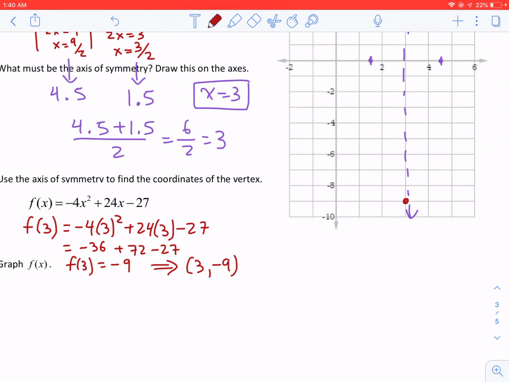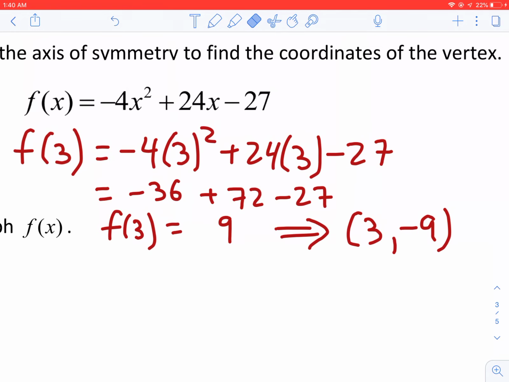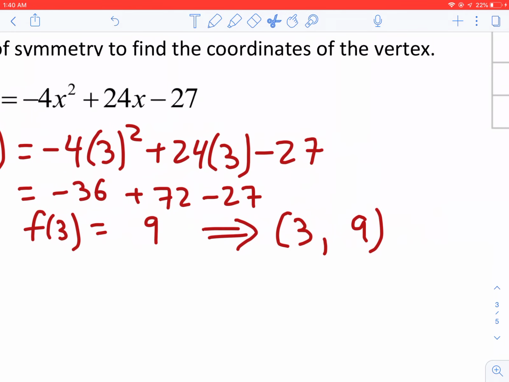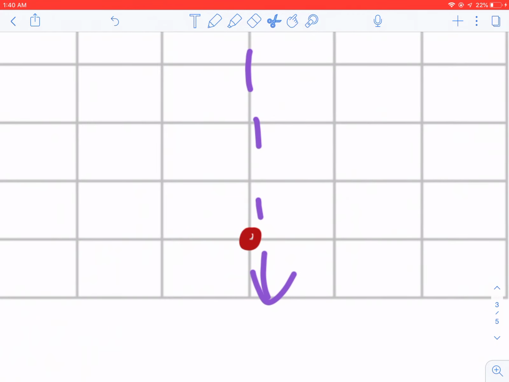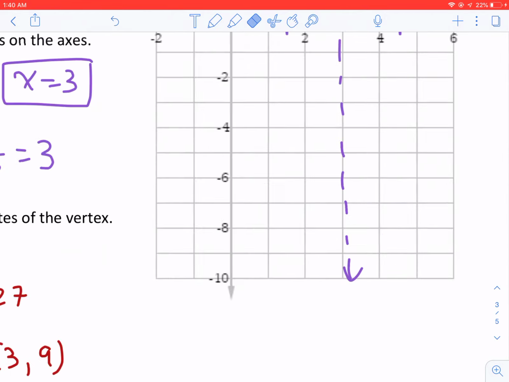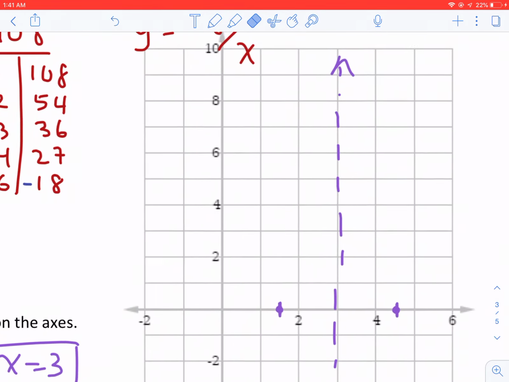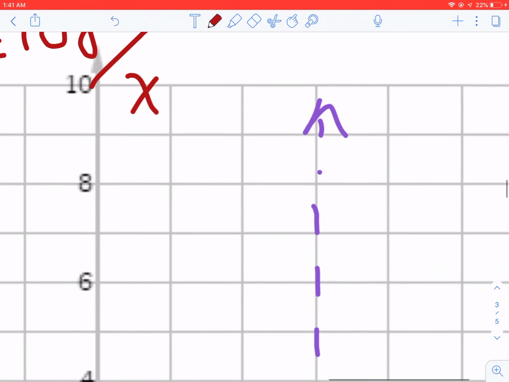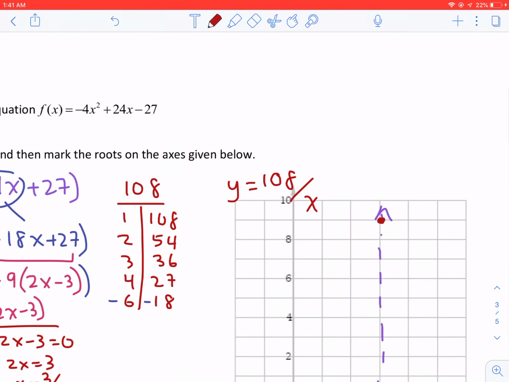Oh, I'm sorry. At +9. Right, 72 is bigger, so sorry, just did a calculation error there. That's going to be at +9. So, aha!